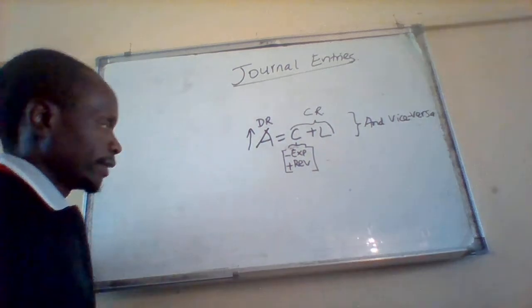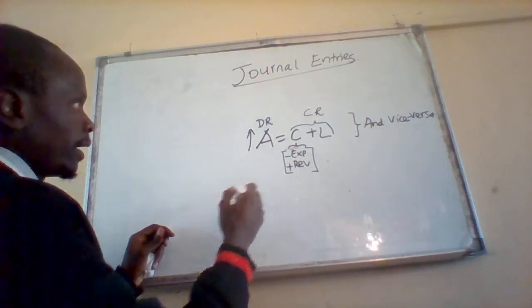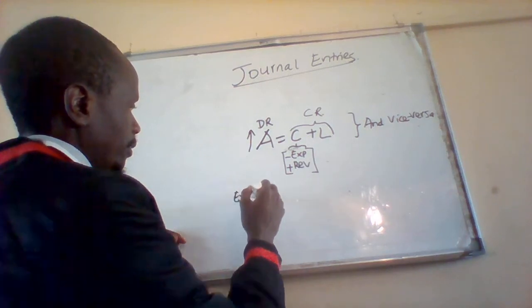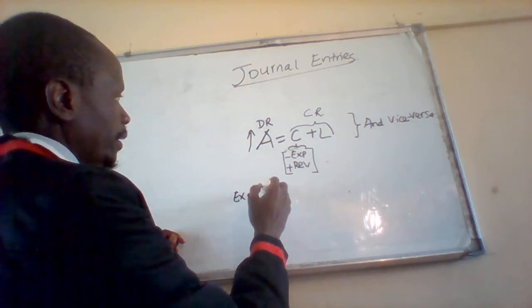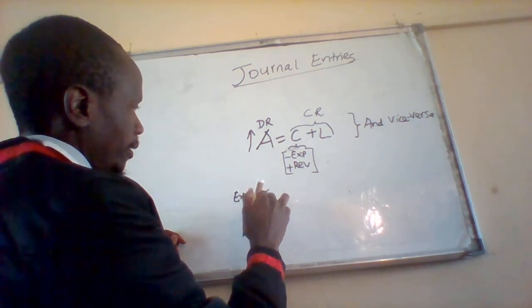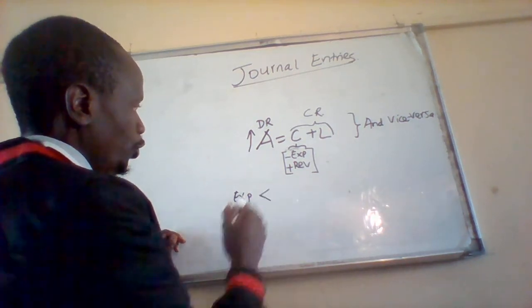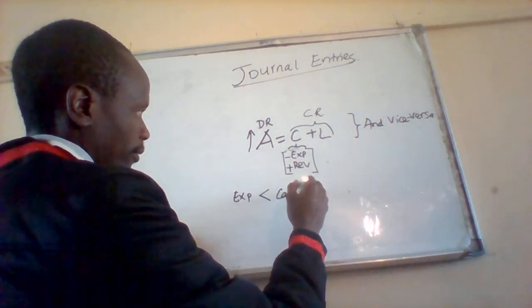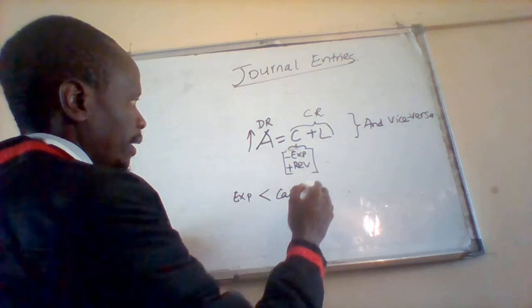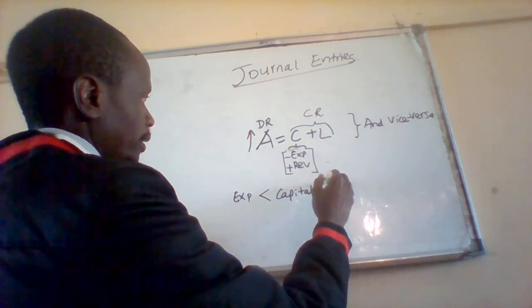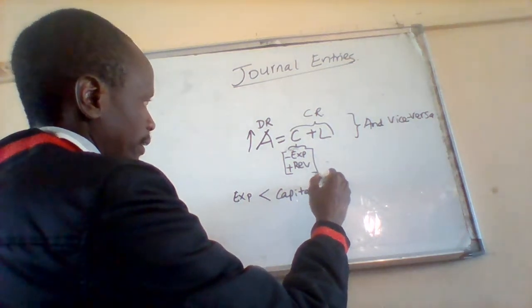So let me do it like this. Expenses reduce capital, and a reduction of capital should be debited.